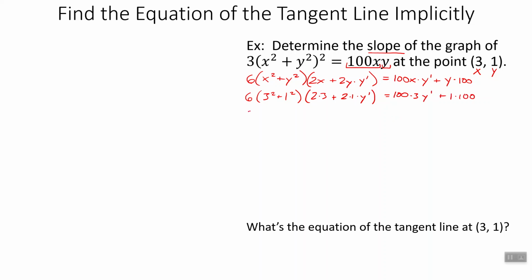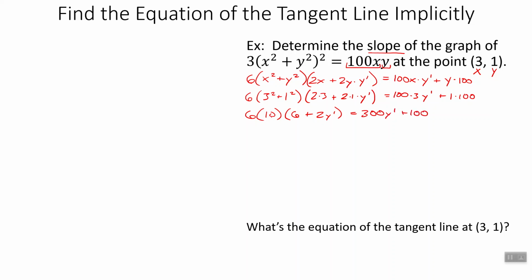All right, so now we're just simplifying. So we get 6, 9 plus 1 is 10, 6 plus 2y prime equals 300 y prime plus 100.